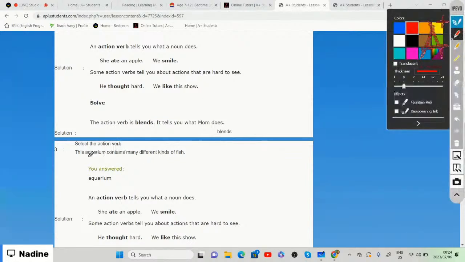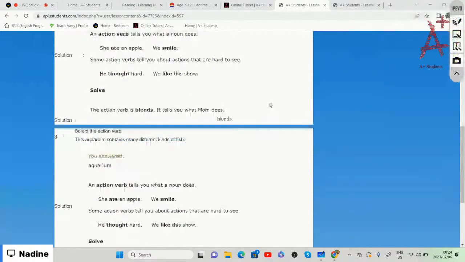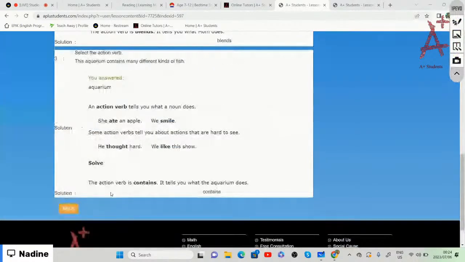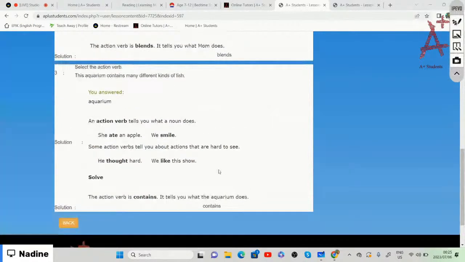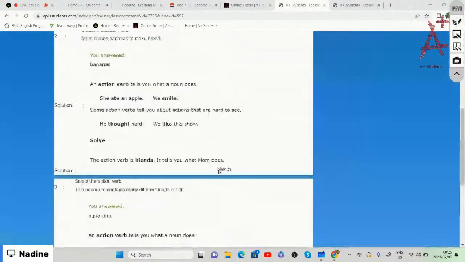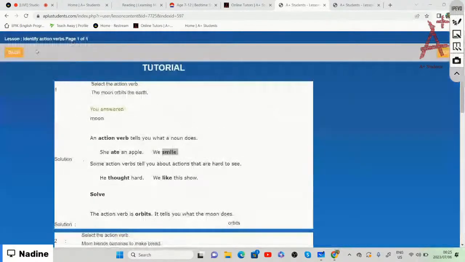So we will say contains, right? And it tells us what the aquarium does, right? So the action verb is contains and it tells us what the aquarium does. So that is basically us being able to identify certain action verbs, right?